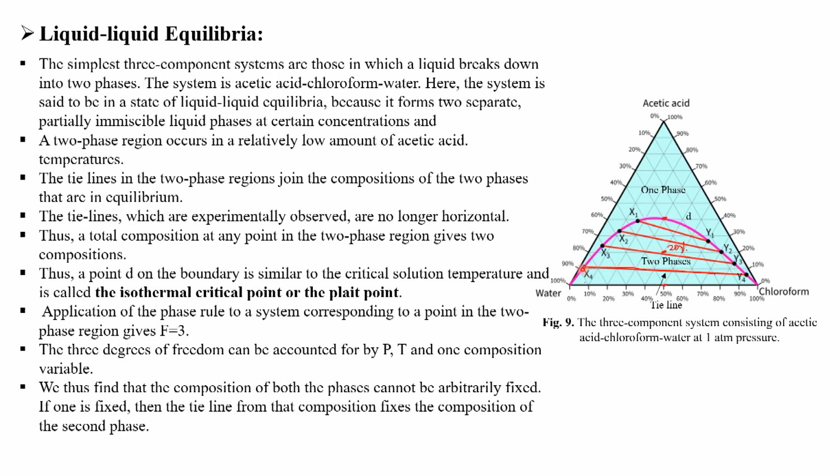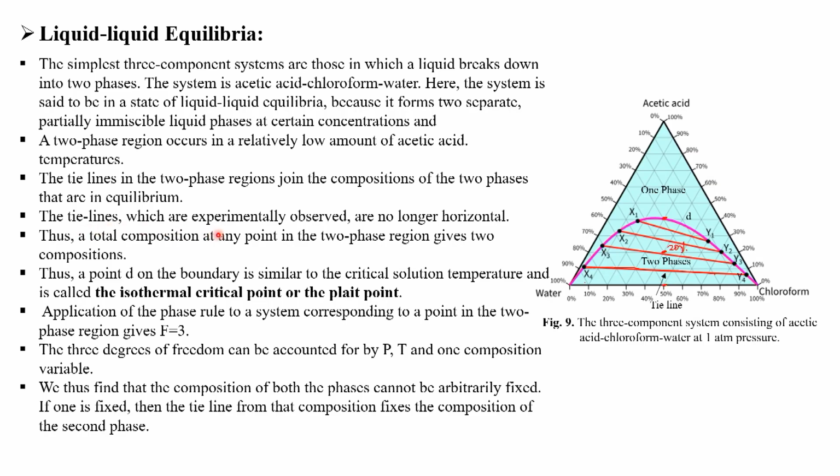If the concentration of acetic acid here and here were both the same, then we would have got a tie line parallel to this axis. So these tie lines are slanted because the miscibility or solubility of acetic acid in these two phases is different.